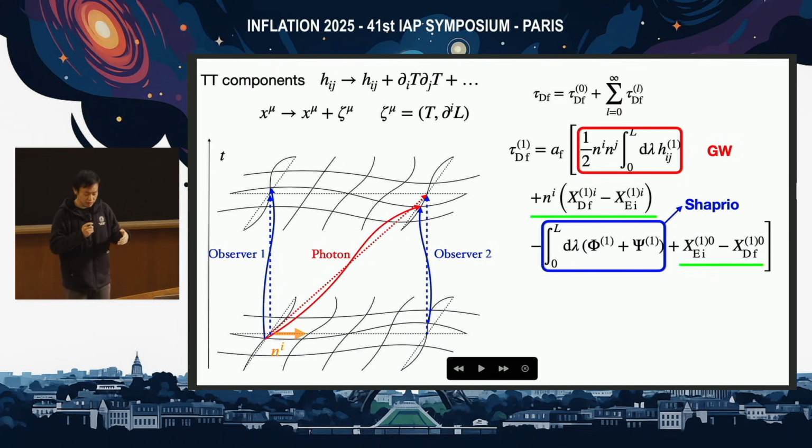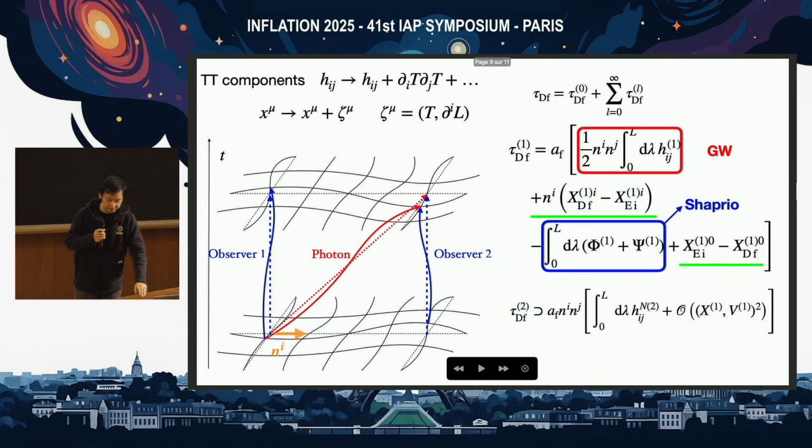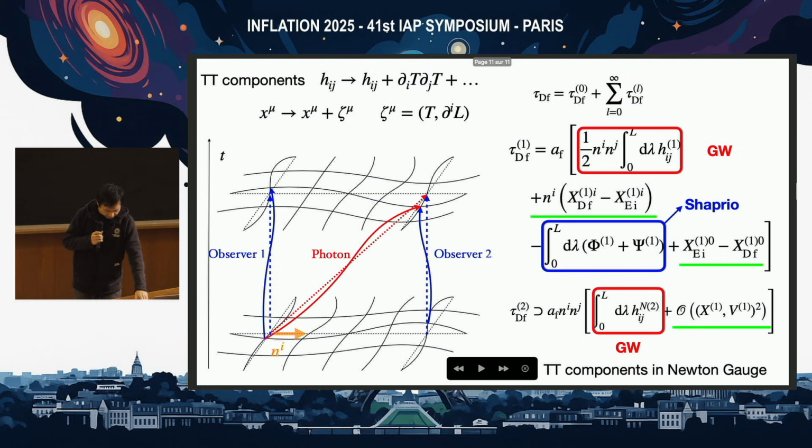And then we generalize our result to second order and focus on the quadrupole effects. And we noticed that the propagation effect is related to the TT component in Newtonian gauge. And the other term is related to the first order perturbation to the observer position and velocity.